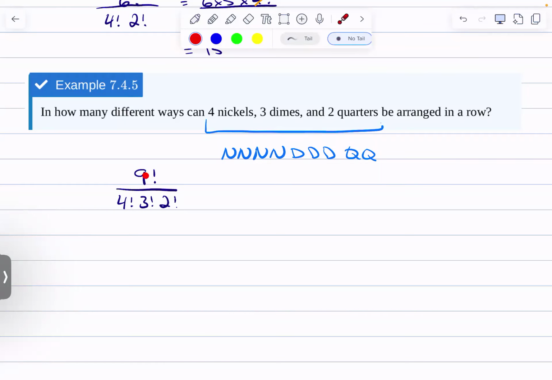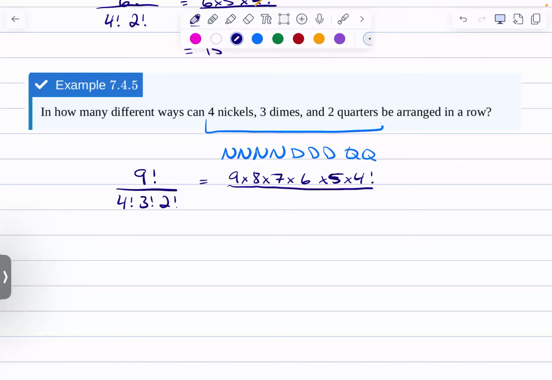Let's do the same trick where I write out 9 factorial till I reach 4 factorial: 9 times 8 times 7 times 6 times 5 times 4 factorial. Didn't save me a ton, but it'll save me a little bit, divided by 4 factorial, 3 factorial, 2 factorial.